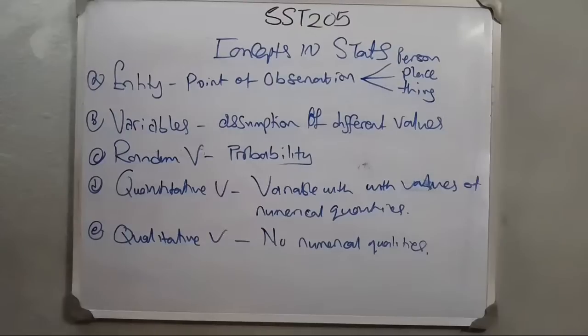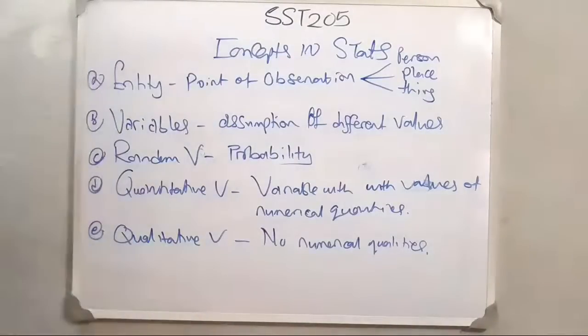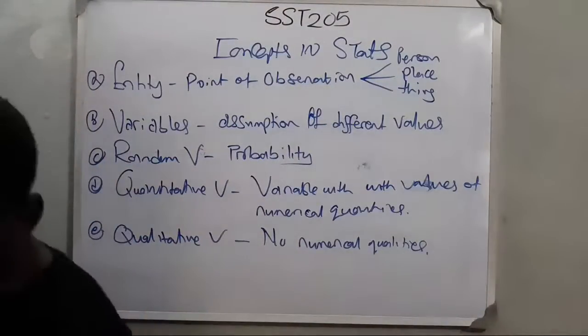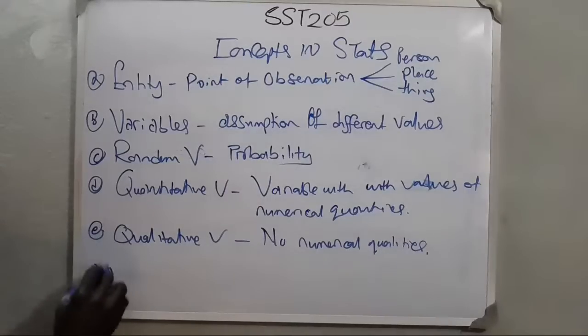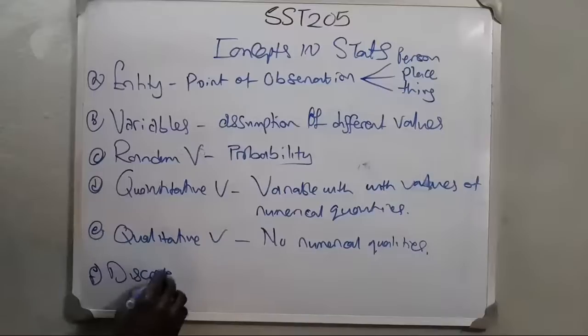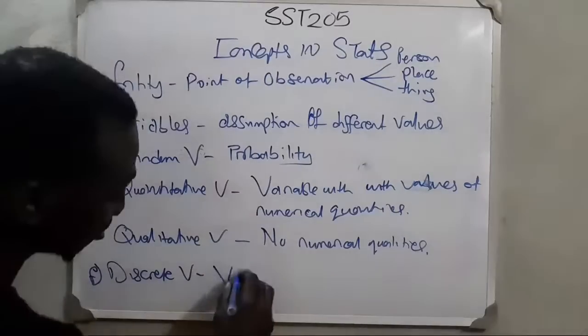Now we have discrete variables. Discrete variables are variables that can only assume whole numbers.